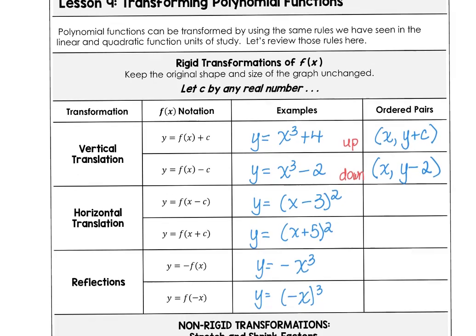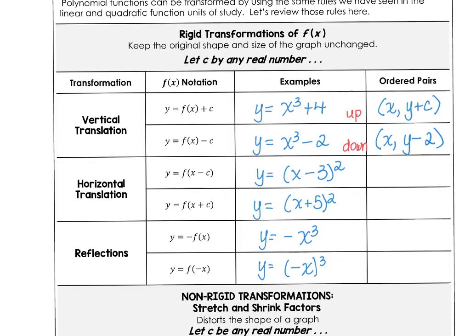In horizontal translations, when we want to move a graph, a parent function, to the right or to the left, when you are subtracting a constant, that moves the graph to the right. And when you're adding a constant, that translates the graph horizontally to the left. And the reason that happens is because of our argument here.